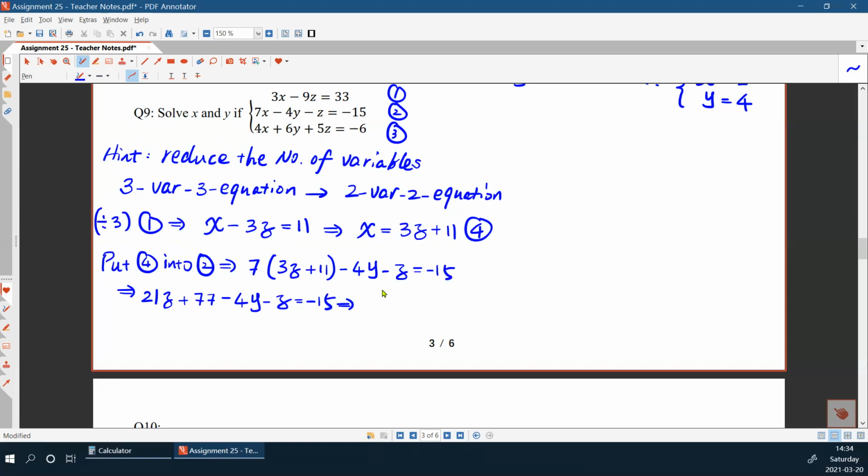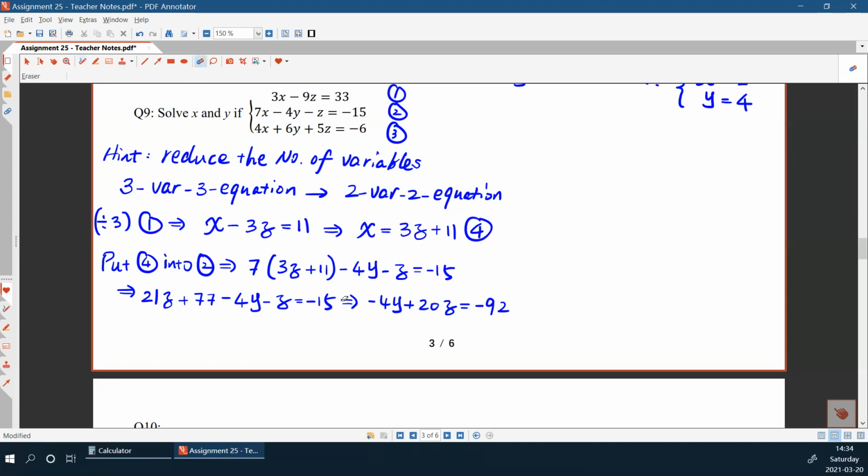And can be further simplified to minus 4y plus 20z equals minus 92, right?